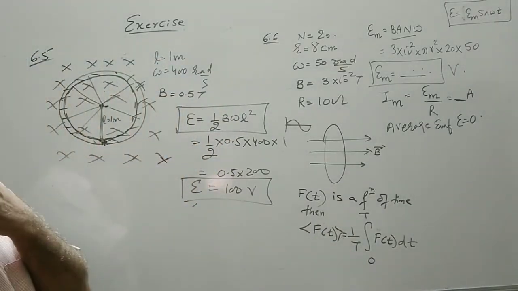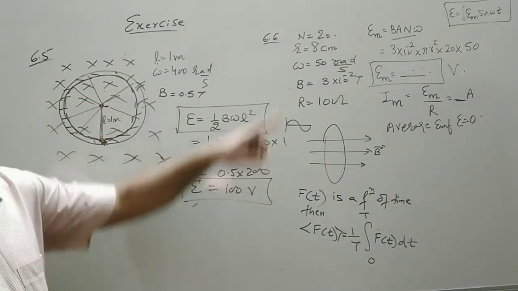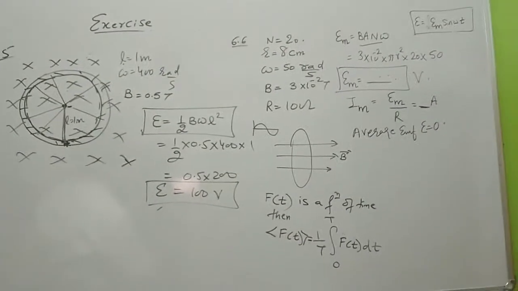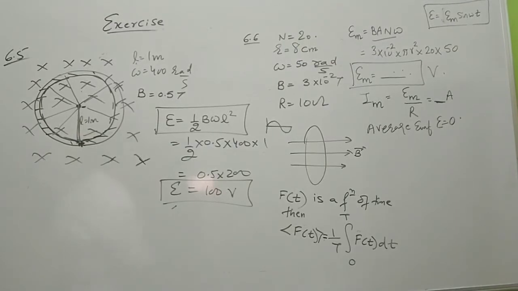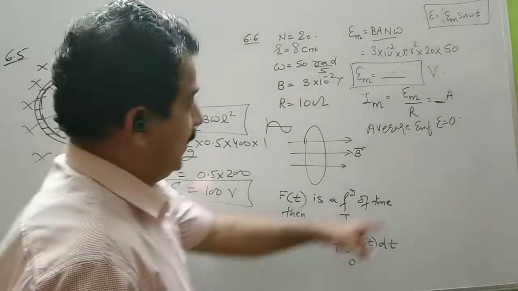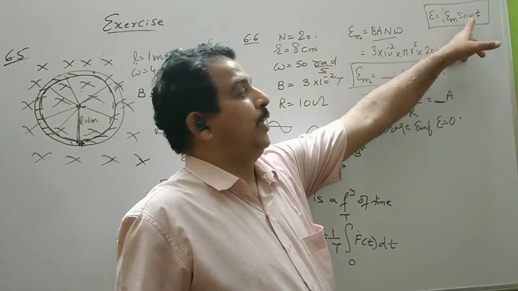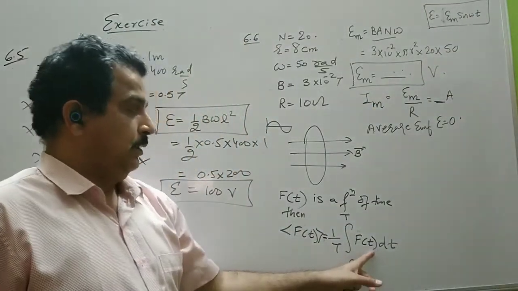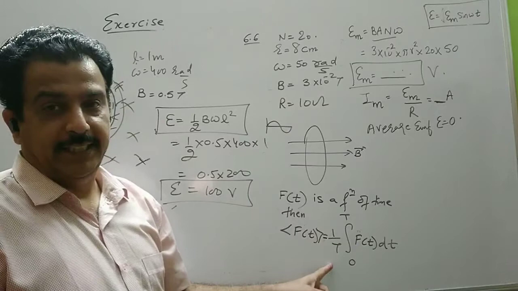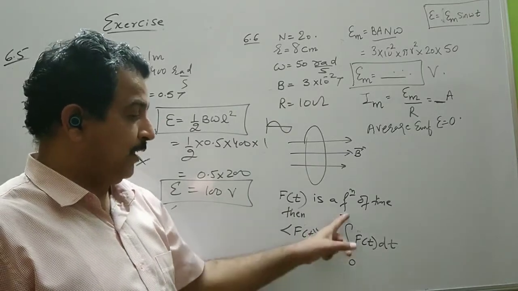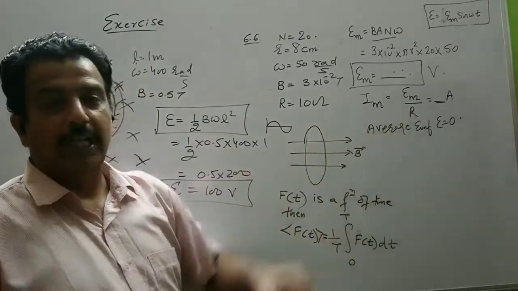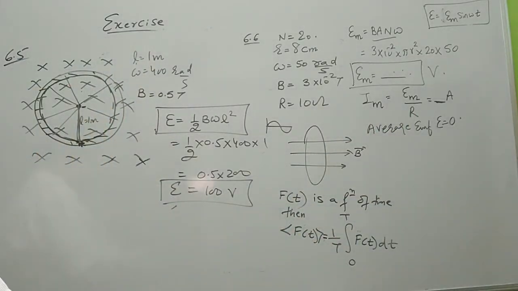Now EMF induced is equal to Em sine omega t. If you know this integration, try to do the integration of sine omega t and divide it by T. Whatever answer you get for one complete cycle, substitute limit 0 to T. So you will get the average EMF to be 0.